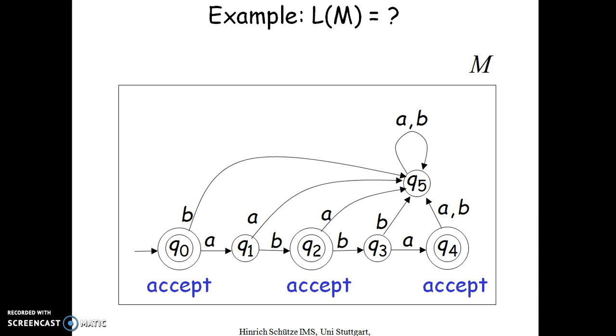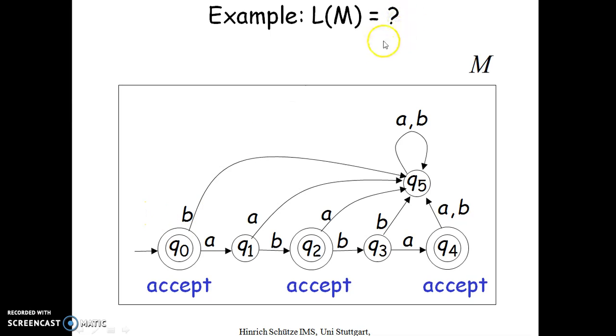Next example, we'll see this one, where Q0, Q2 and Q4 are the final states. Here I have a double circle, here a double circle, and here a double circle. So the final states are Q0, Q2, Q4. So here the language will be: after reading the empty string lambda, I can reach the final state. The initial state itself is a final state, so lambda will be accepted.